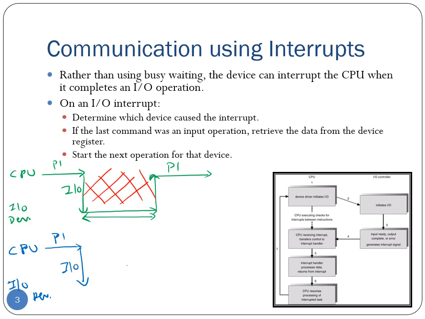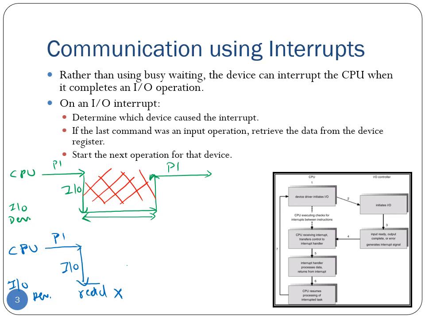So what if instead of waiting for the IO device to finish, the CPU simply sets up the IO device, instructs it to, let's say, read some data item X, and also instructs the IO device to inform the CPU once this reading is done.